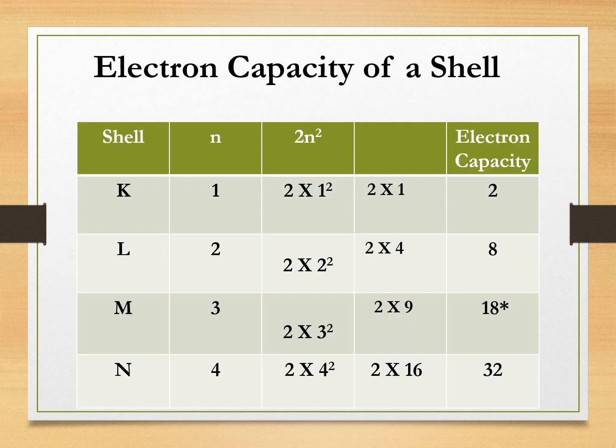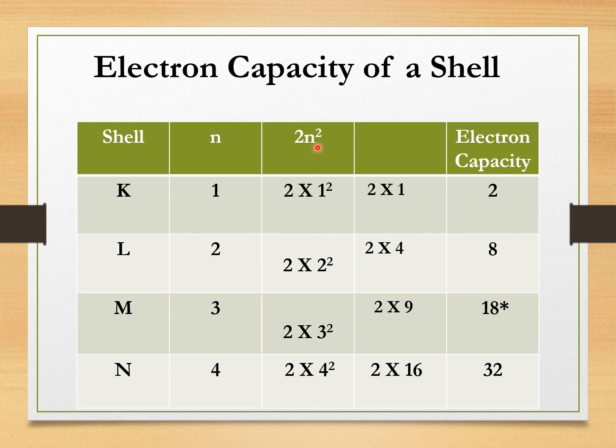We can calculate the electron capacity of a shell by using the formula 2n square. The shells are K, L, M, N. K is the first shell, L is the second shell, M is the third shell and N is the fourth shell. So the value of n for the K shell is 1, for L it is 2 and so on.